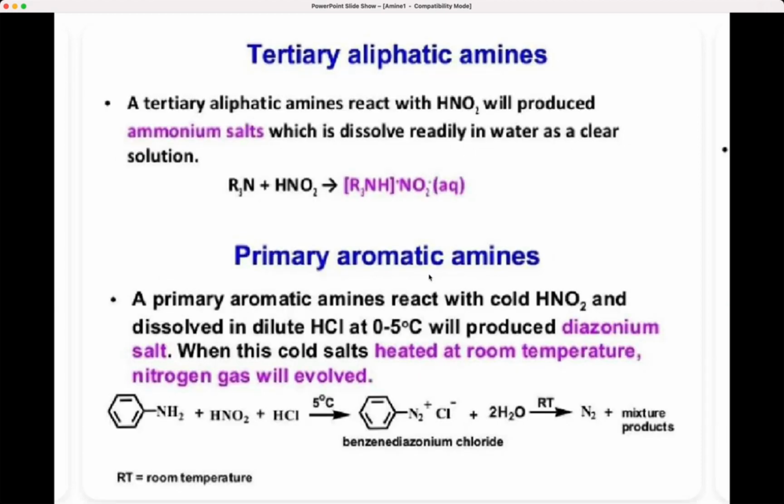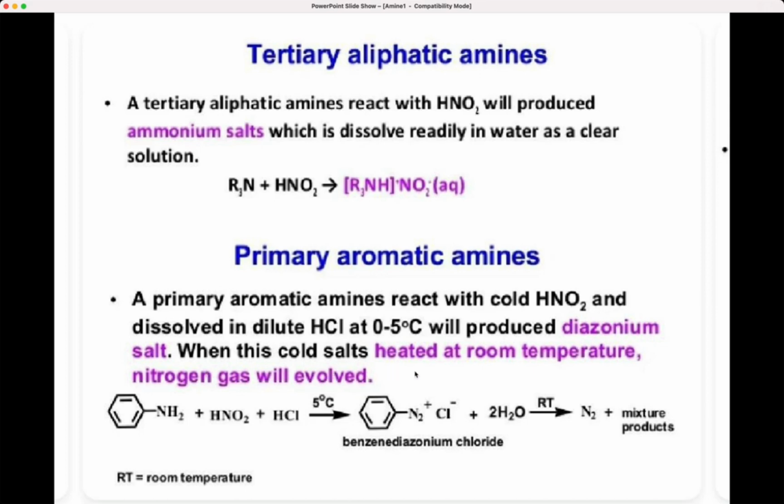Now, tertiary aliphatic amines. These react with HNO2 and produce ammonium salts, which dissolve readily in water as a clear solution. R3N plus HNO2 gives R3NH+ NO2-. And primary aromatic amines react with cold HNO2 and dissolve in dilute HCl at 0 to 5 degrees Celsius. That will give you a diazonium salt.